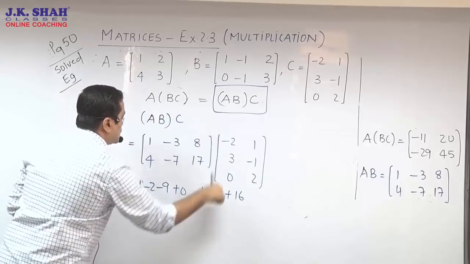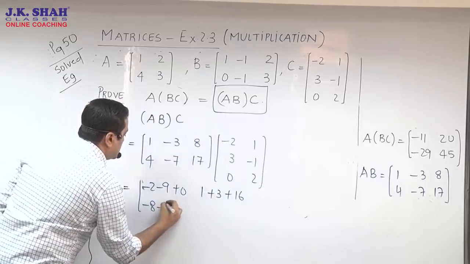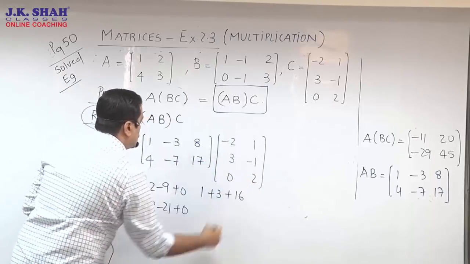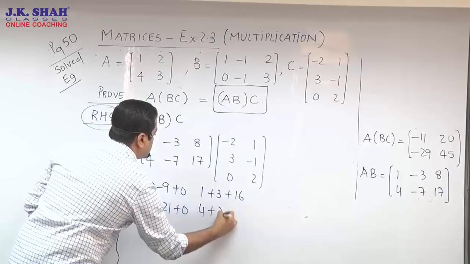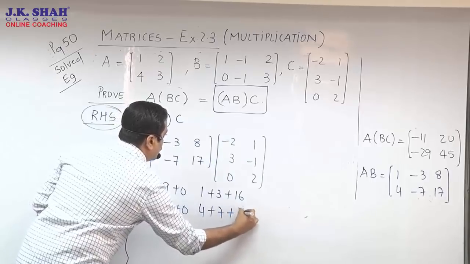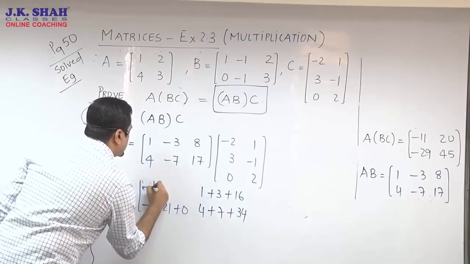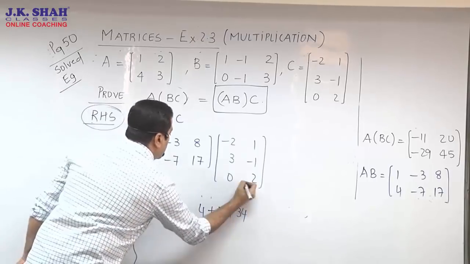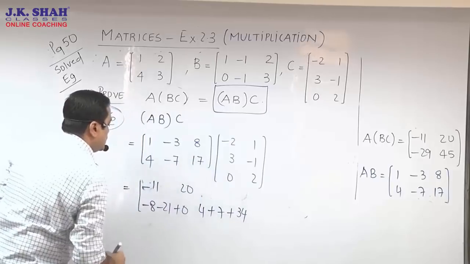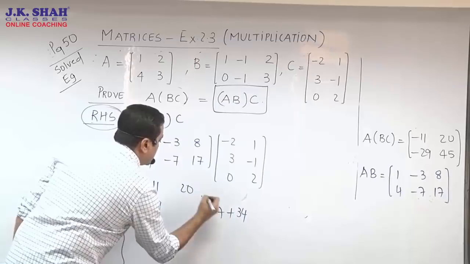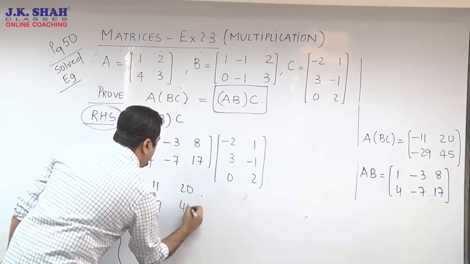Now R2 C1. Minus 8 minus 21 plus 0. R2 C2. So it's 4 plus 7 plus 34. So finally that's minus 11, 4 plus 16, 20, that's minus 29, and this is 11 and 34, 45.